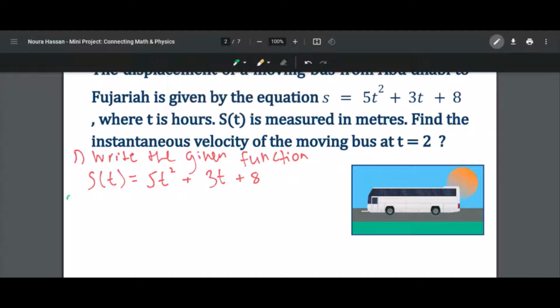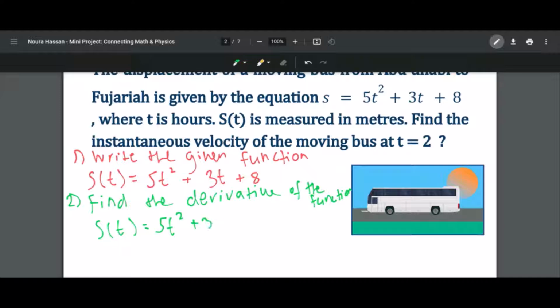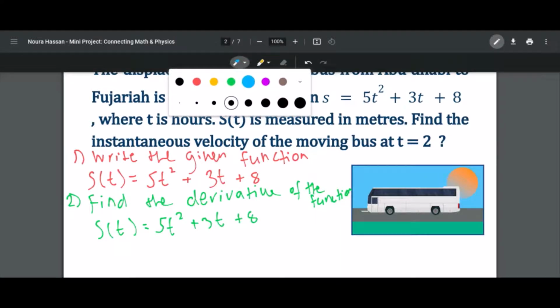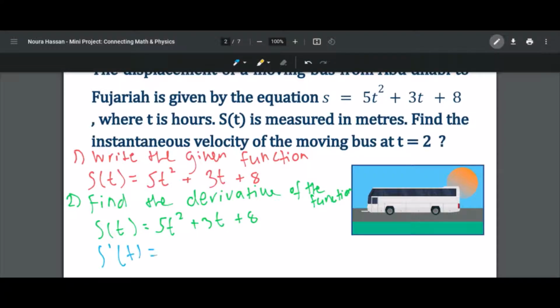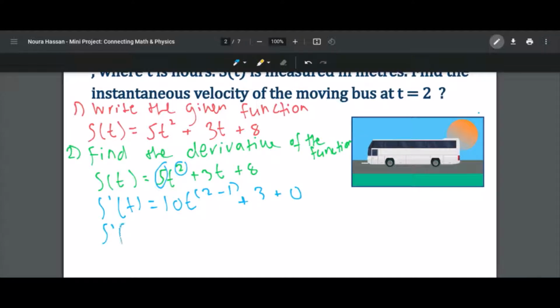Step 2 is to find the derivative of the function. s prime of t will equal 5 times 2 to get 10t to the power of 2 minus 1 plus 3 plus 0, which will equal 10t plus 3.